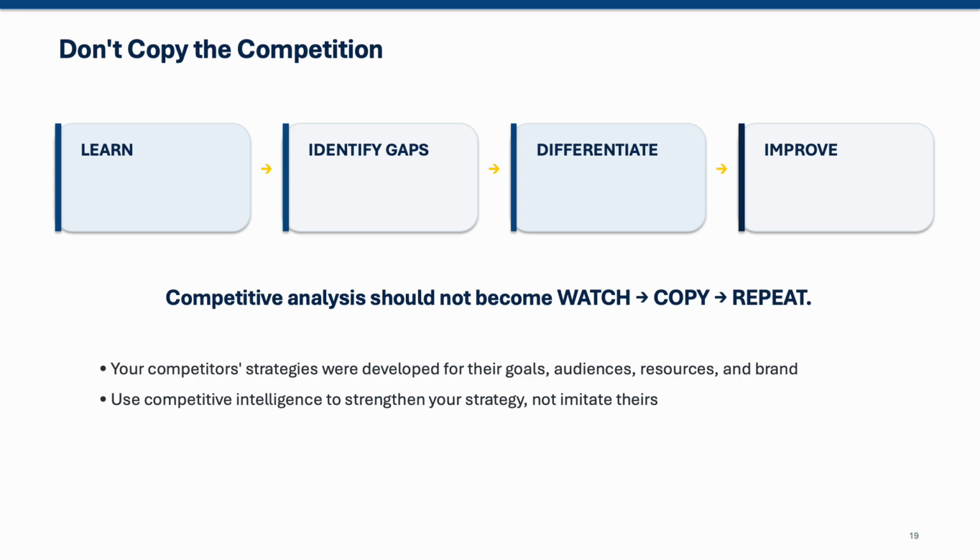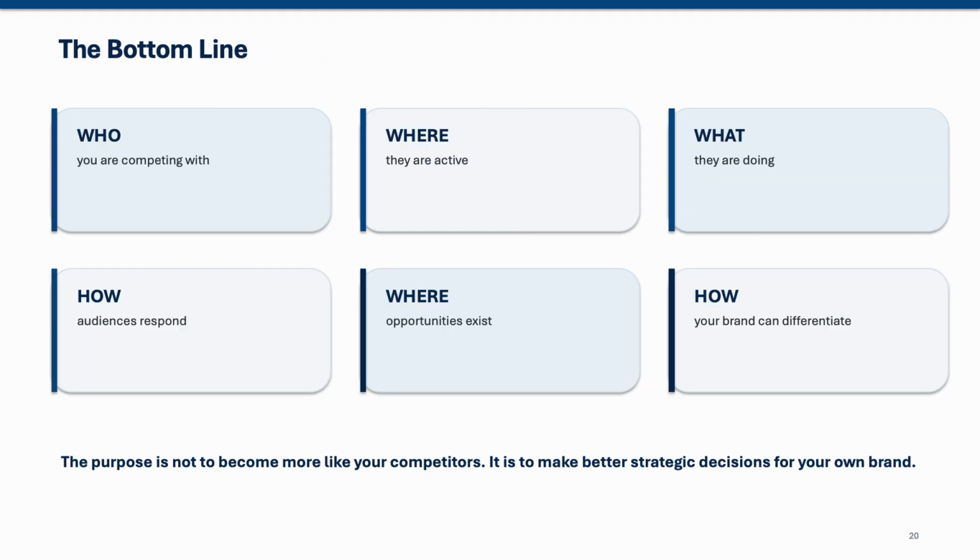Something that works extremely well for one competitor may not make sense for your organization. Use competitive intelligence to strengthen your strategy and identify opportunities to be different, not to become a copy of someone else.